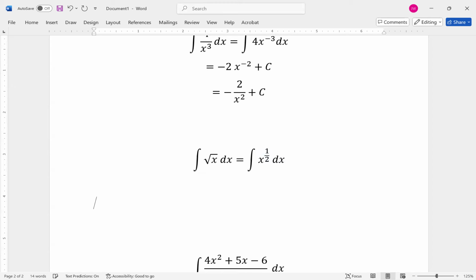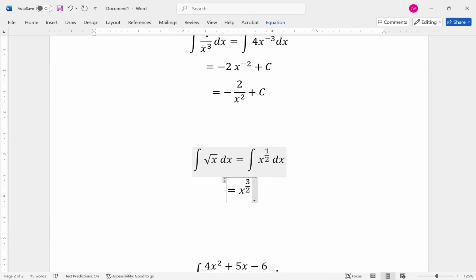So when I do my integration, now I have the form that I want. You can think of it as 1/2 or 0.5, but when I add 1 to the exponent, I get 1.5 or 3/2, whichever way you like to put that.